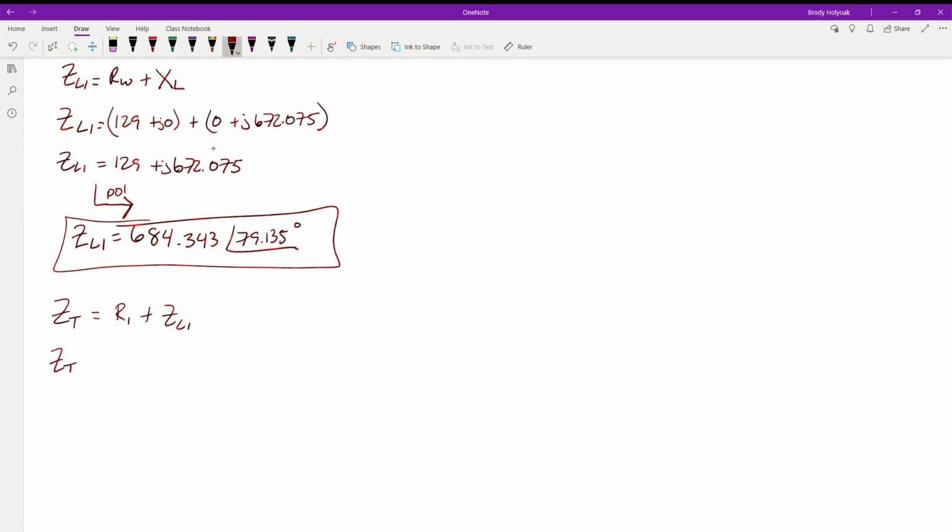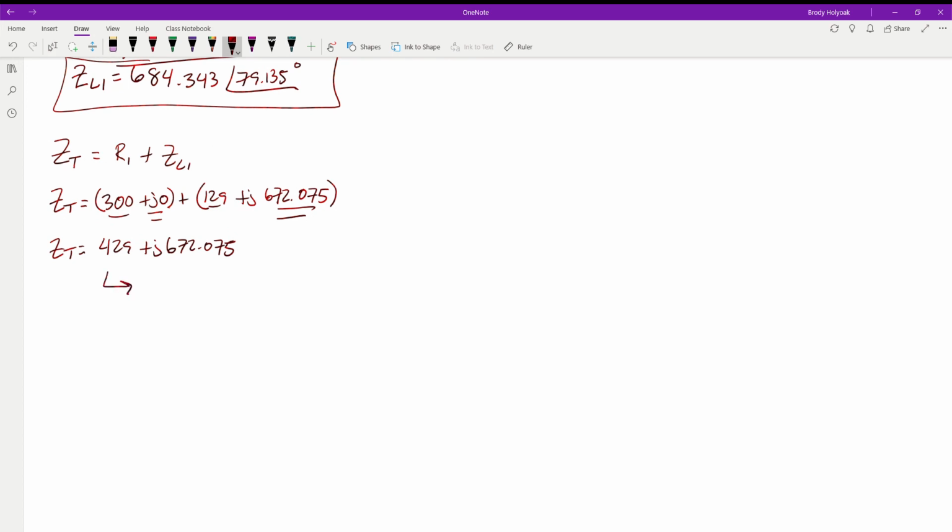So our Z total is going to be equal to our 300 plus J of 0 for the resistor, and the impedance is 129 plus J of 672.075. Again, we add like terms together. Our Z total ends up as 429 plus J of 672.075.